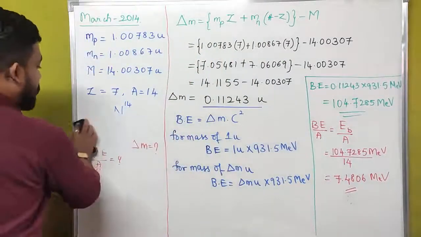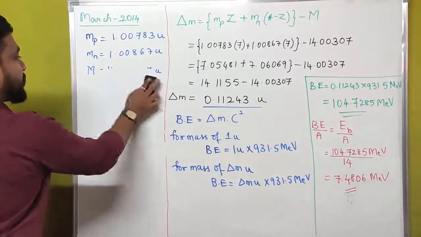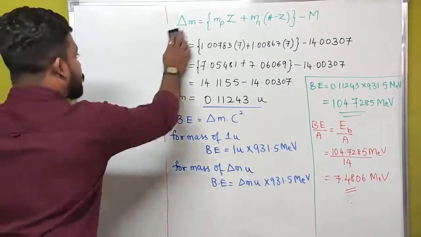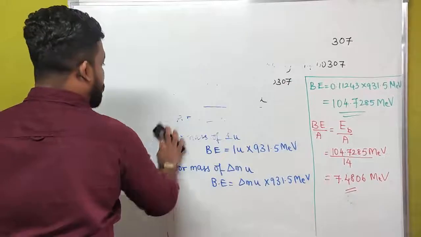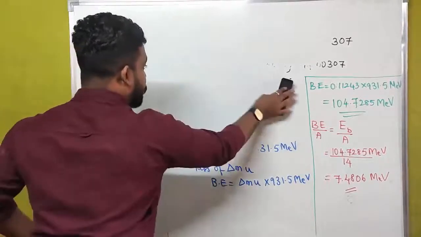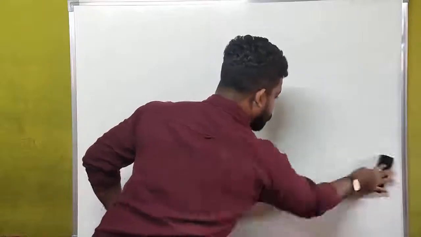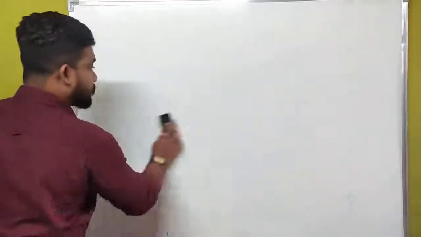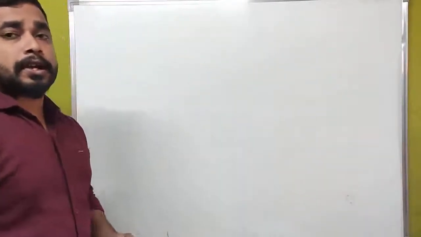Now here, we have to calculate the radius of barium and krypton. In this question we have to calculate the radius of barium and krypton. Let us see how we can calculate that. What is the expression for nuclear radius?